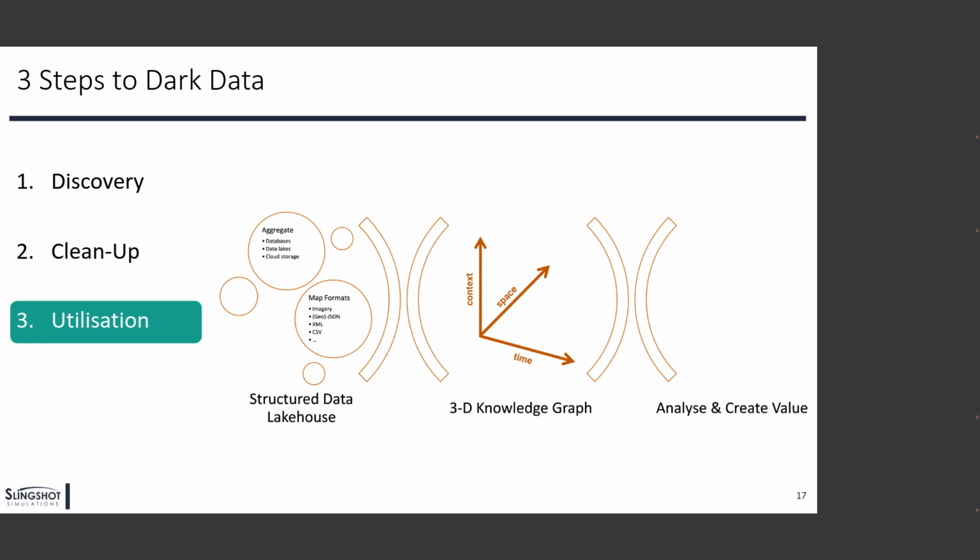How do we actually pull it all together, not by pulling it into one location, but by knowing where it is, having that map, like we saw a couple of slides ago, and understanding the formats of that data? We're not talking about just context, space, and time. We're also understanding the format of that data. Is it image data, JSON, spreadsheets, CSVs, XMLs?